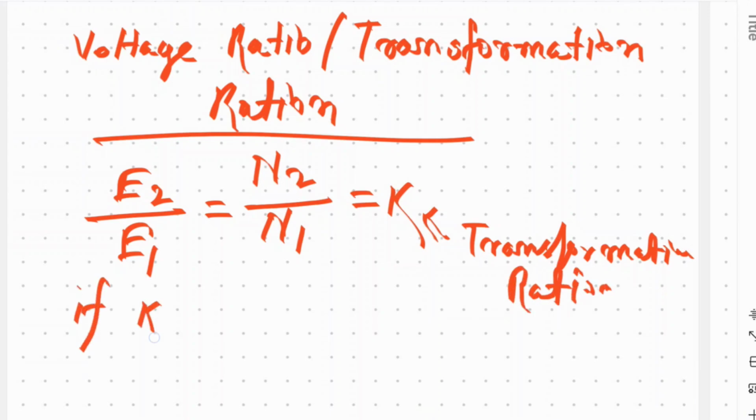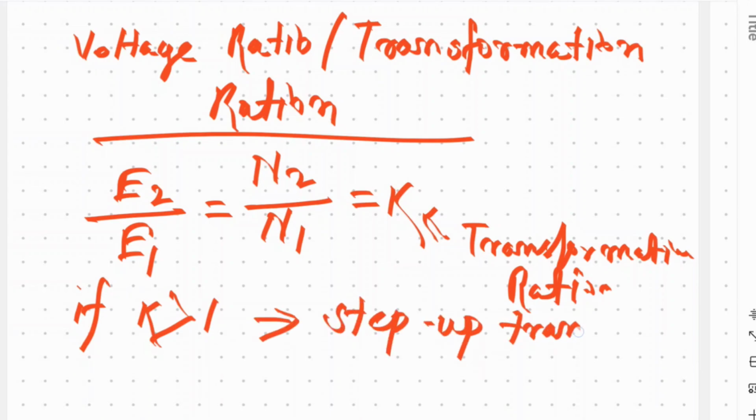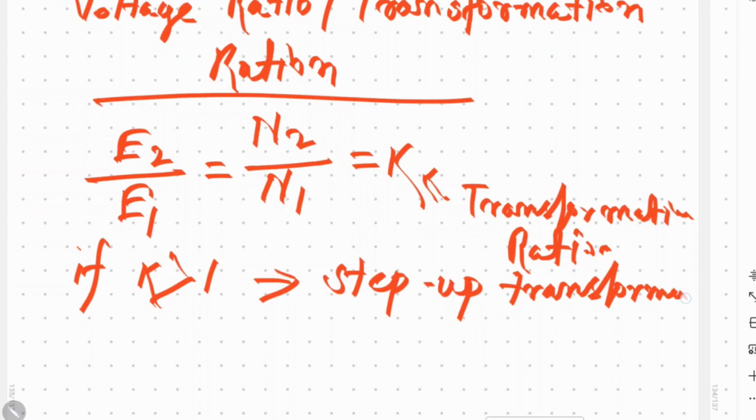If K is greater than 1, this is a step up transformer. If K is less than 1, it is a step down transformer.